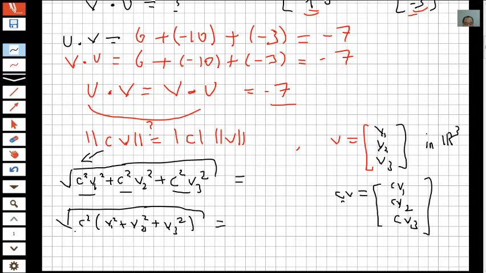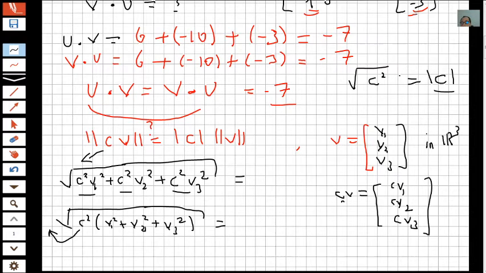and this is equal to, we don't know if c is negative or positive. Therefore when we write c squared outside of the square root, we use the absolute value. For any real number, we don't know if it is positive or negative. Generally the square root of c squared is equal to the absolute value of c.